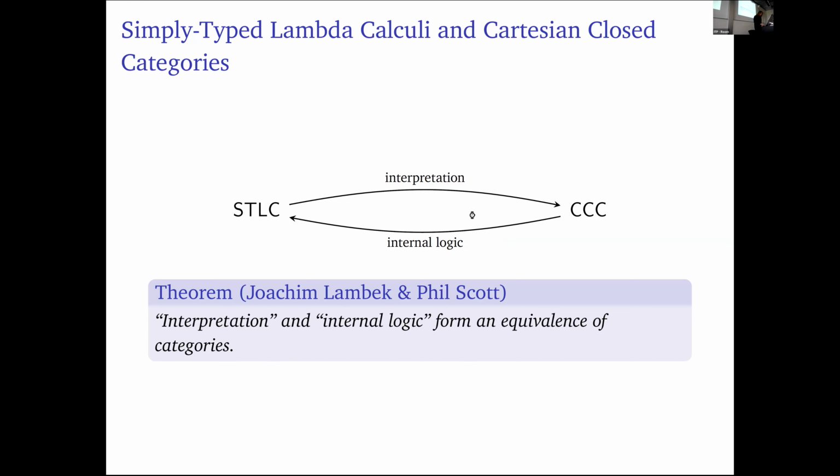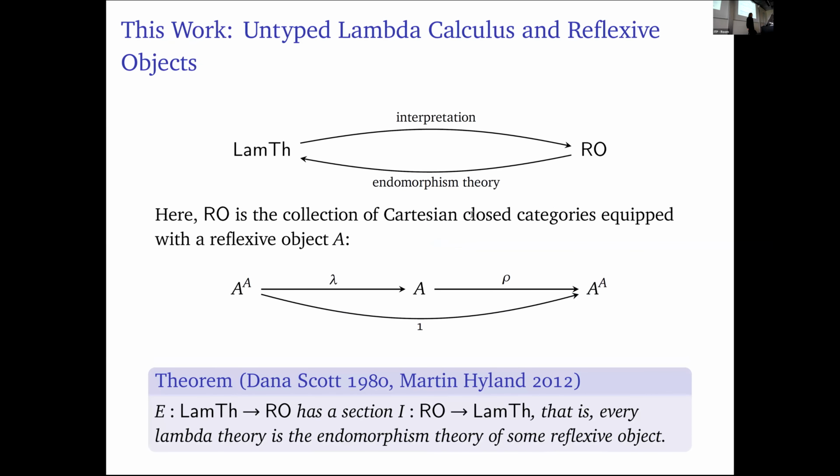I want to talk about a tiny sibling to this result, which is about the untyped lambda calculus, here represented by this lambda theory on the left-hand side. On the other side, we have something that I call RO, the reflexive objects. RO is the collection of Cartesian closed categories equipped with a reflexive object. What is a reflexive object?